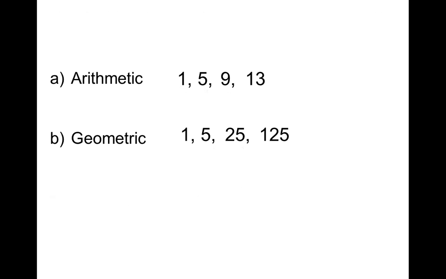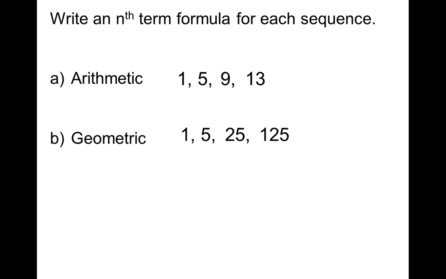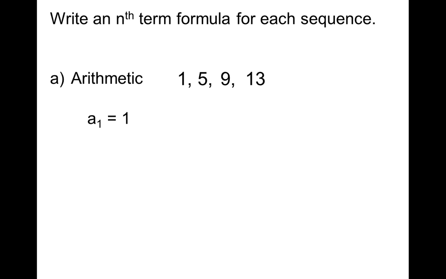Now we said that we can write nth term formulas for arithmetic and geometric sequences fairly simply. So let's see if we can do that for these 2, arithmetic and geometric sequences. Let's start with the arithmetic sequence. To write an nth term formula, we need to know 2 things. We need to know the first term of the sequence, which is 1, and we need to know the common difference, which is 4.